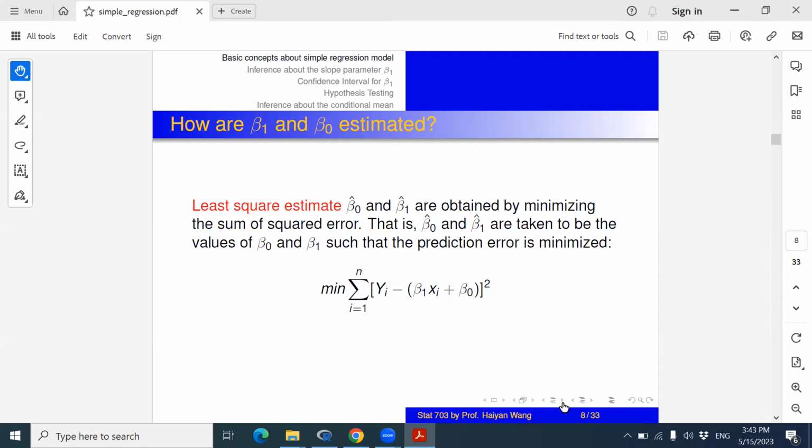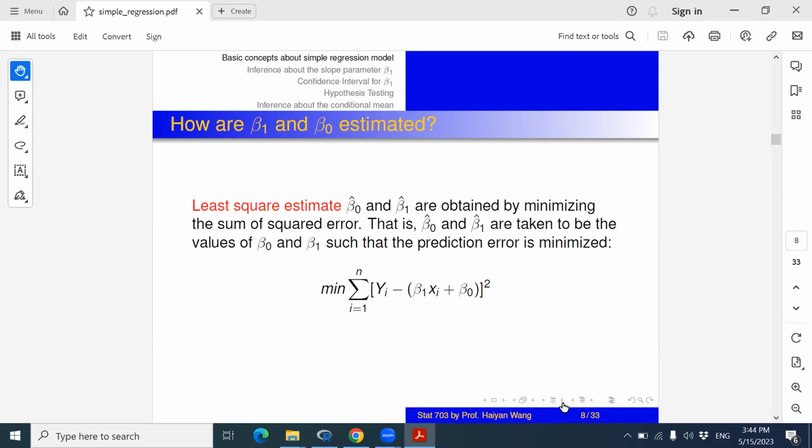How are this beta 0 and beta 1 obtained? As you can see, this is y minus beta 0, beta 1. Once we have xi, yi observed, the only unknowns here are beta 0 and beta 1. Think of x and y as just numbers, okay? So what you have is beta 0, beta 1 inside of the square.